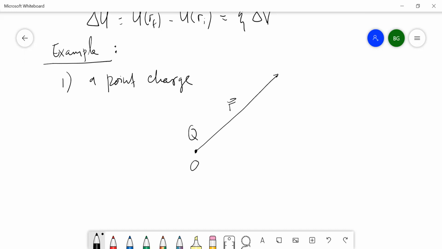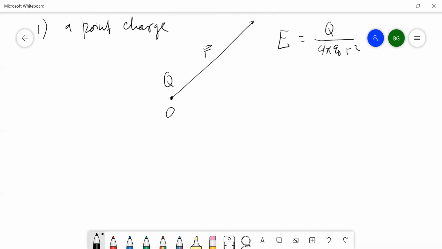So we know that this E here is Q over 4 pi epsilon 0 r squared, the magnitude of the electric field.